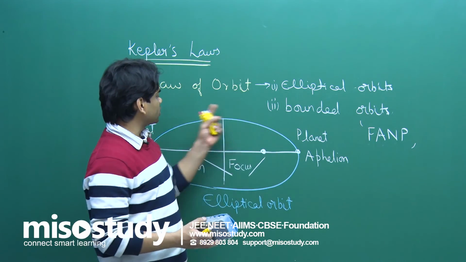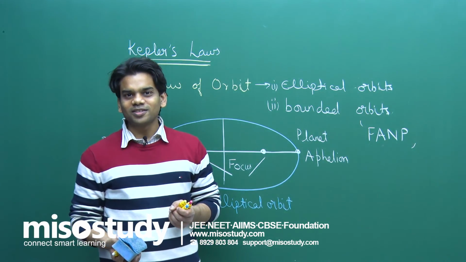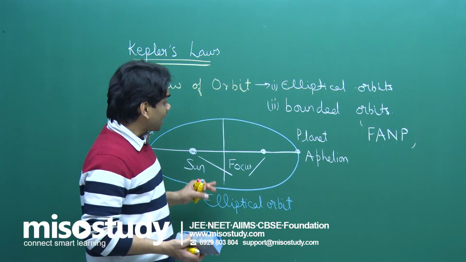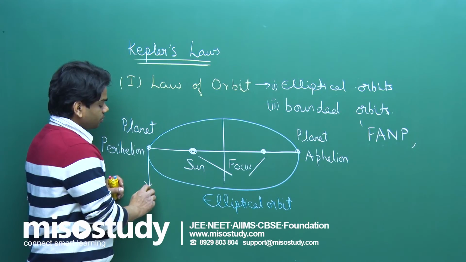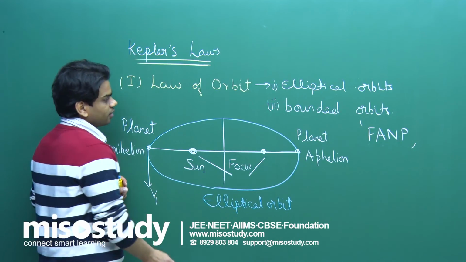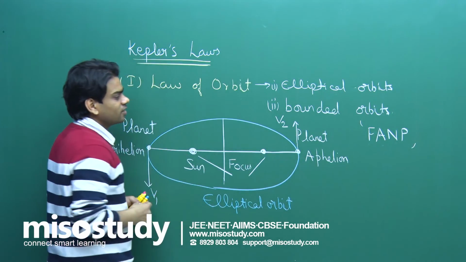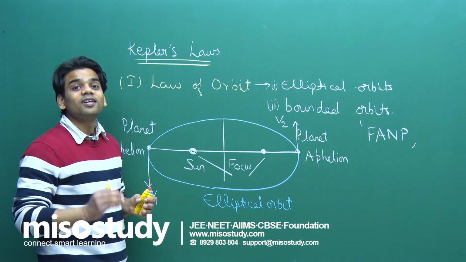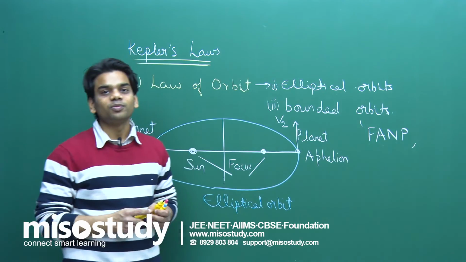Next thing, first law: they are moving in an elliptical orbit, and already I have told you that the velocity is not as given by root GM by a, it is not the constant speed. If you take the speed at two points, v1 here and v2 here, when the planet is nearer it revolves with a higher speed compared to when it is further away from the sun.